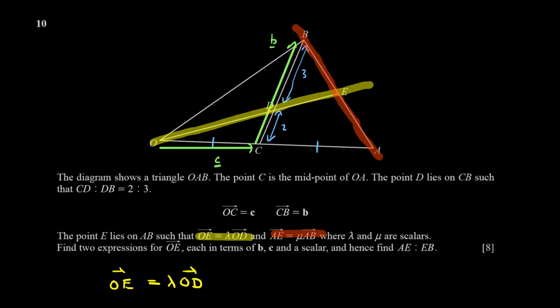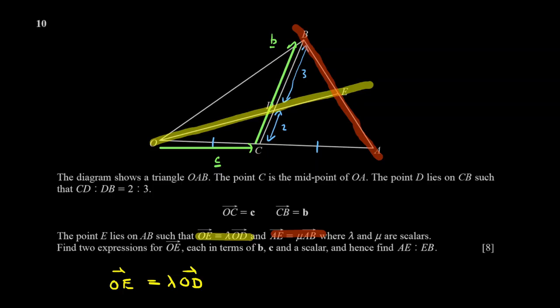How can we write that? Well, we know that the vector C to D is in the same direction as the vector B, but it is 2/5 of that vector. If I go from here to here, that is 2/5 of going from here to here. Why is that? Because this length here is 2, and this whole length here is 2 plus 3, which is 5.